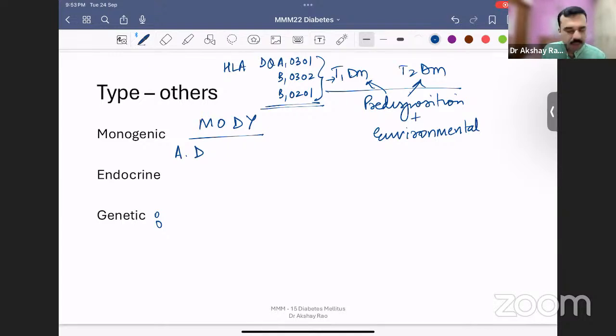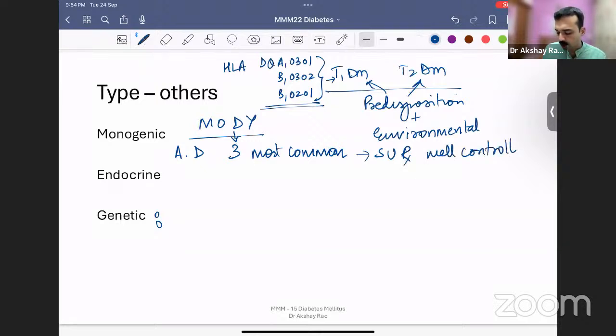There are different types of MODY. Among them, MODY 3 is the most common. It will be a young person, maybe a 25-year-old, and all they require is some sulfonylurea. With the sulfonylurea, they are well controlled.